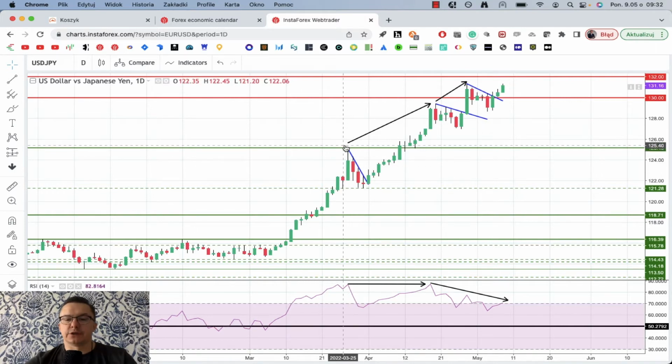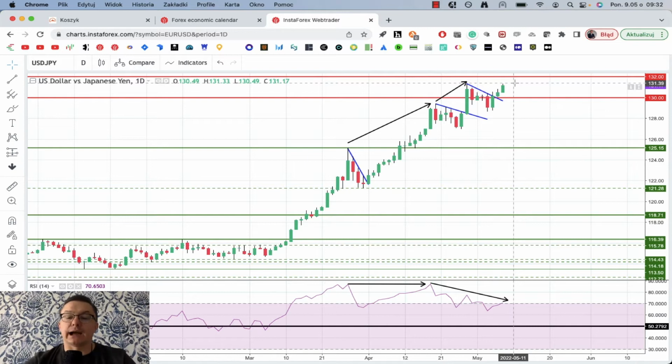As you can see, after a pullback, we break above the blue trend line, then we have a pullback, break above the blue trend line, then we have a pullback, break above the blue trend line.